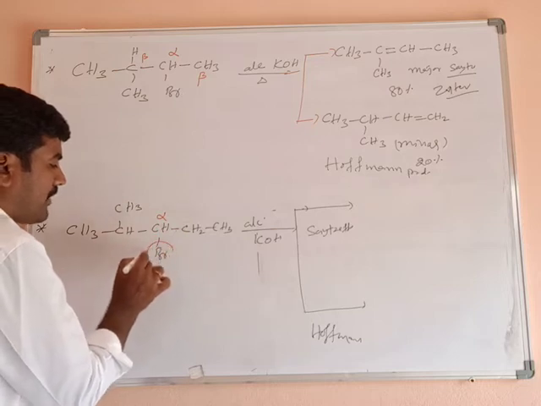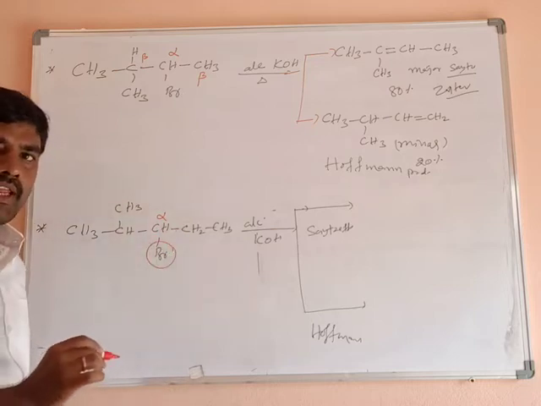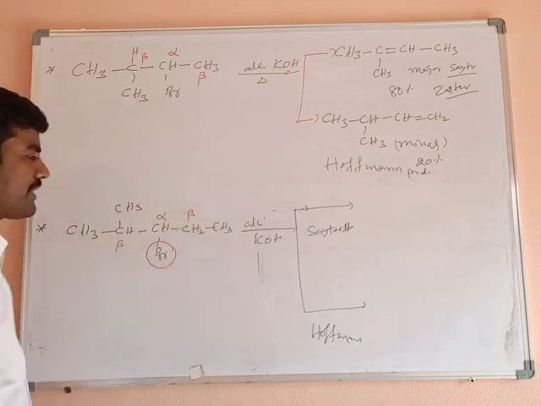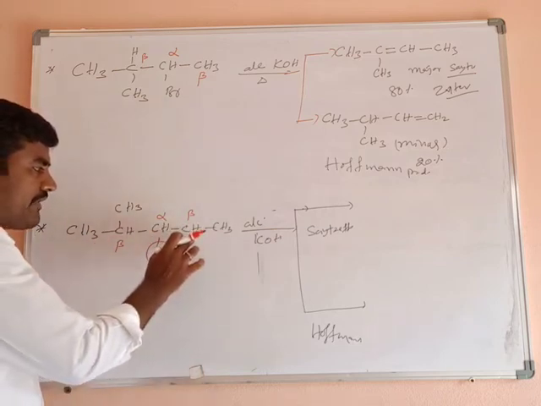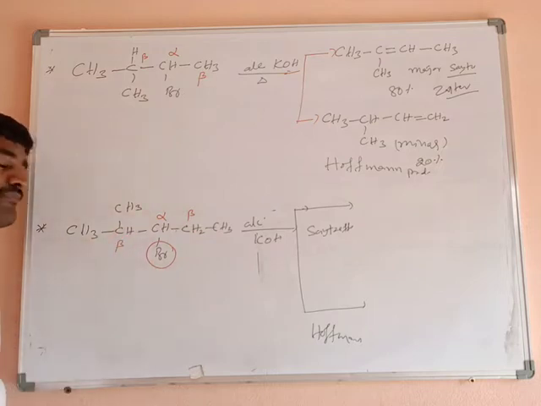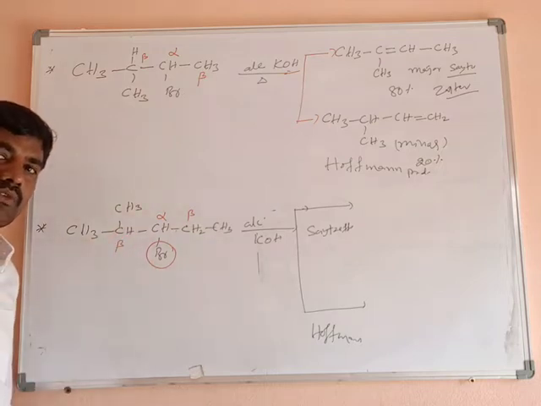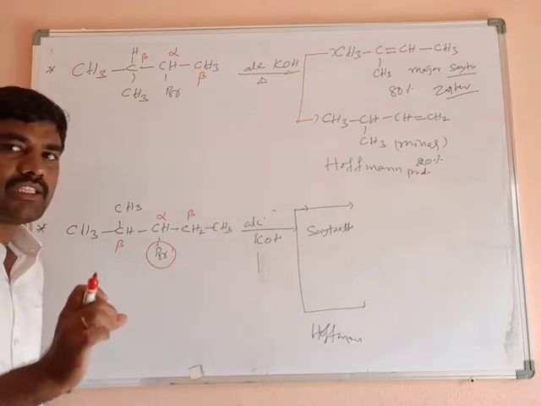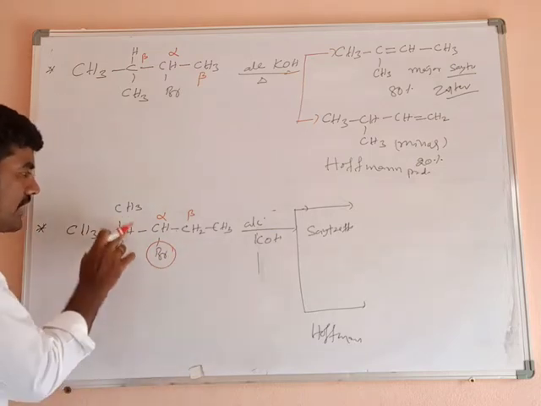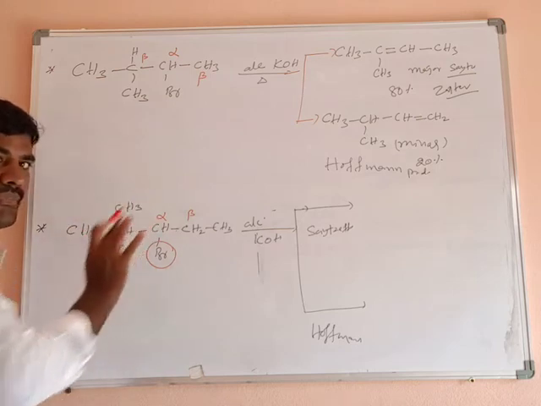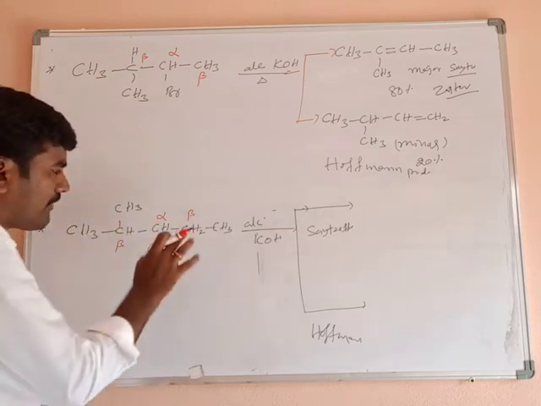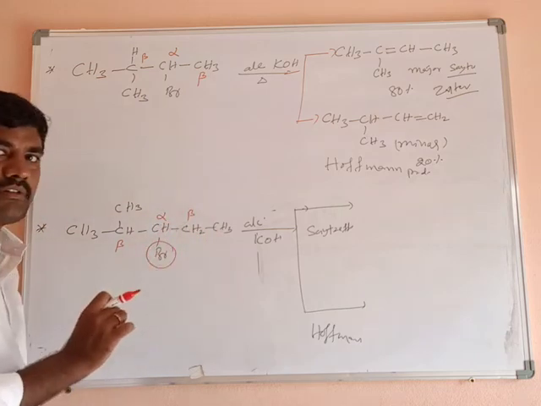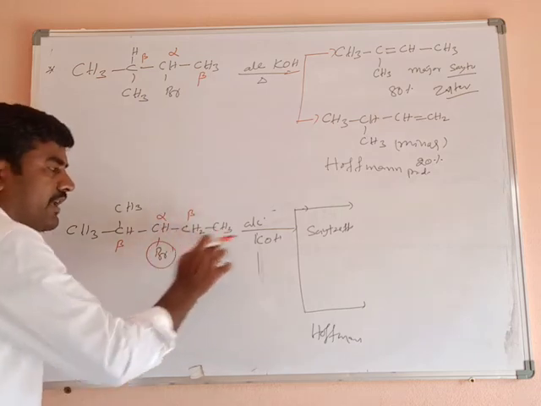From the alpha position, the halogen atom must be eliminated, and from the beta position, hydrogen atoms are eliminated. One beta position has 2 hydrogen atoms, this beta position has only 1 hydrogen atom. According to the Saytzeff rule, the hydrogen atom is eliminated from the beta position with fewer hydrogen atoms, the more substituted carbon. Clear? And what about this? Here 2 hydrogen atoms are there and 1 substituent is there. Means it is a minor product. This is the Hofmann product.